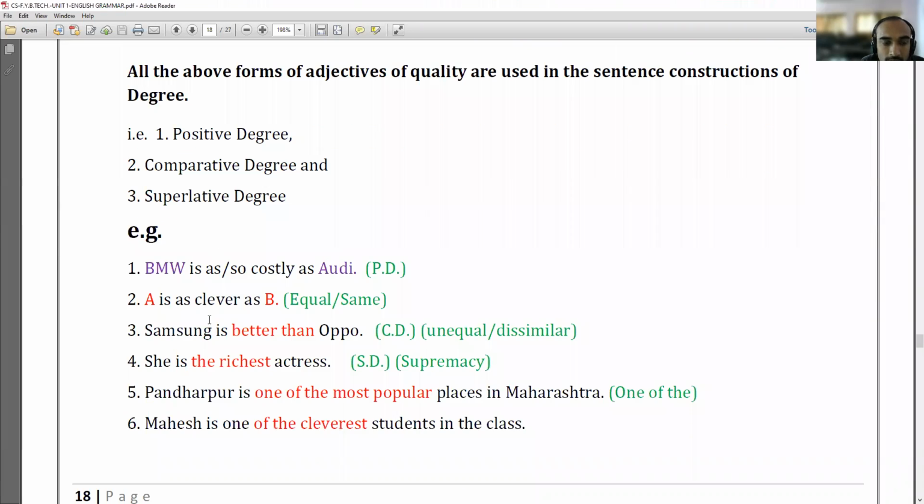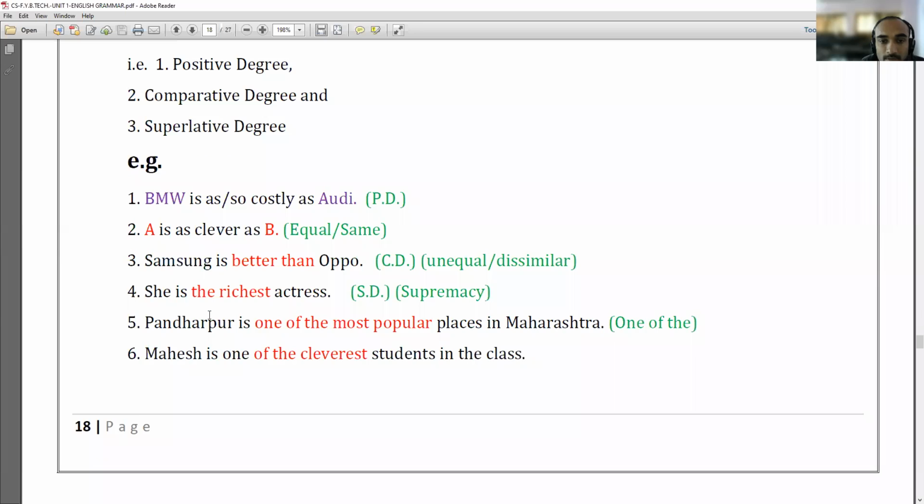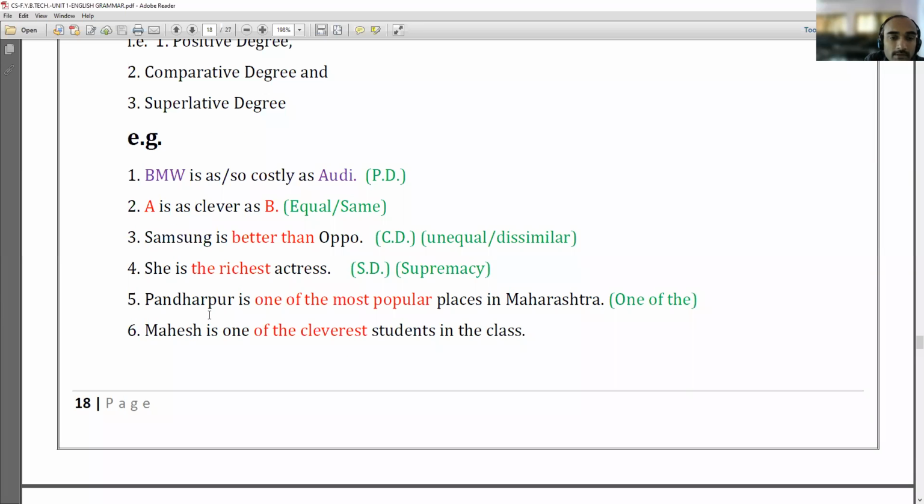Let's discuss some of the examples of these all degrees. Okay, discuss करूया थोडी examples बघूयात आपण. The first example is BMW is as costly as Audi.